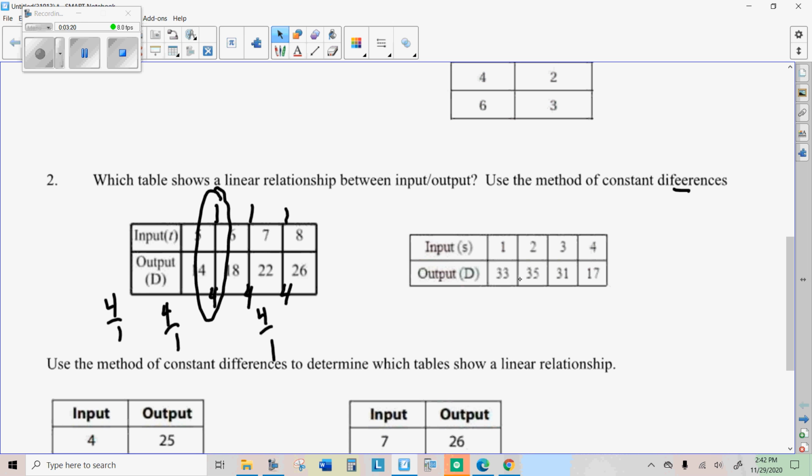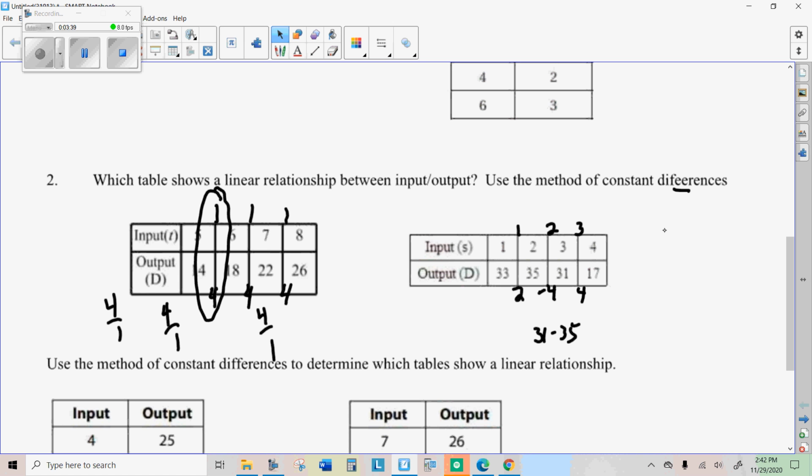Okay, checking this, we can see that the difference in the inputs is 1. The difference in the output here is 2. This would be negative 4. You have to do 31 minus 35. And the last one is 4.